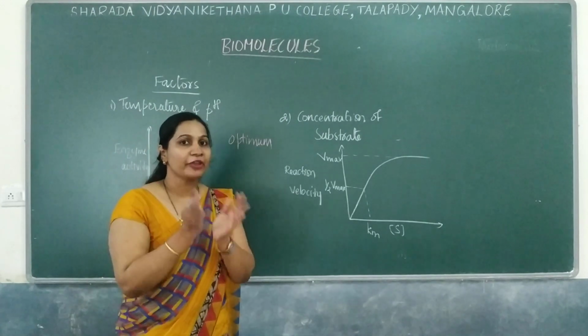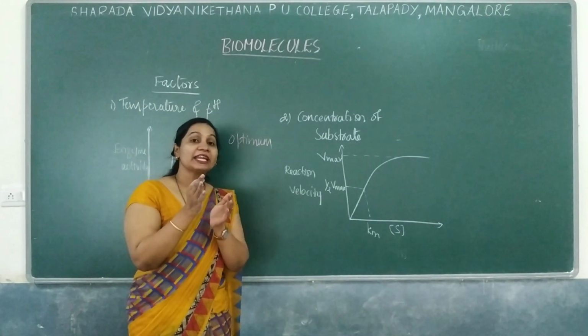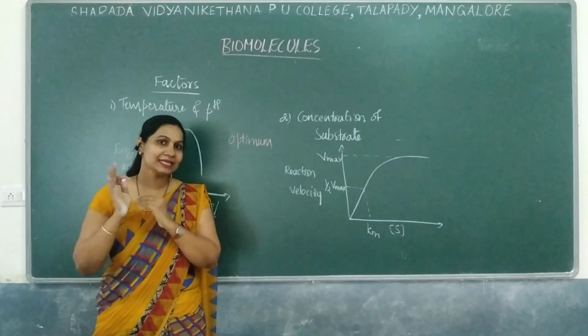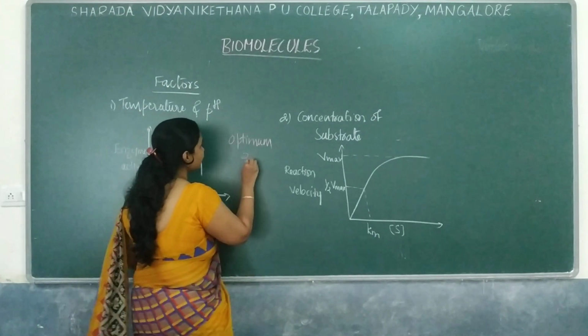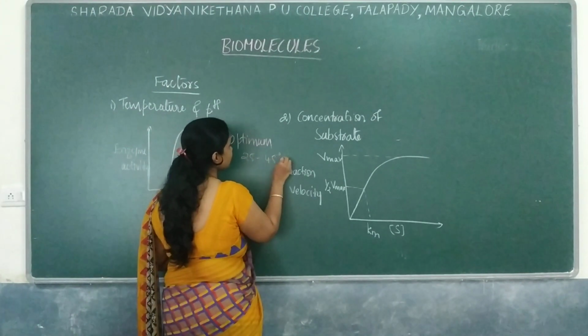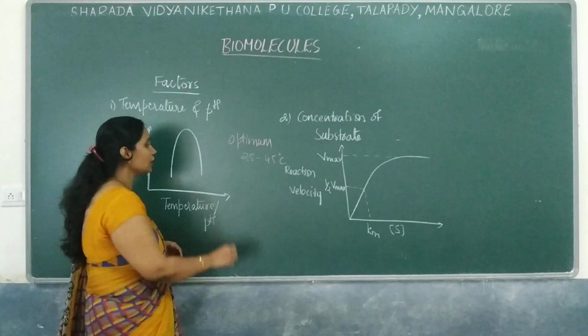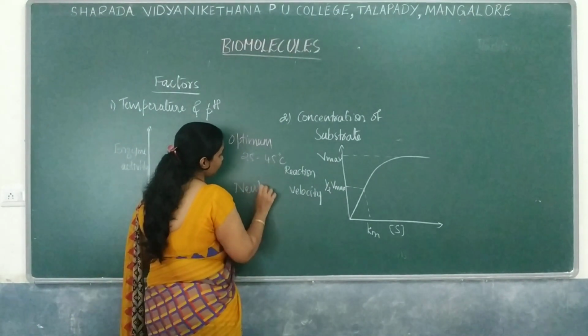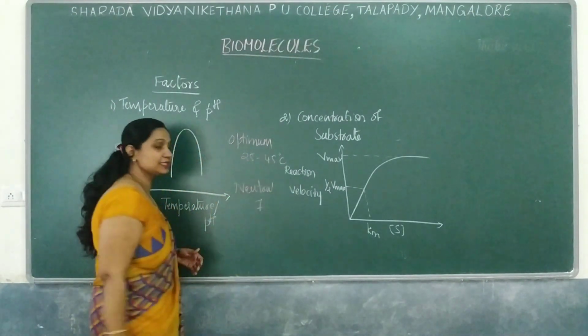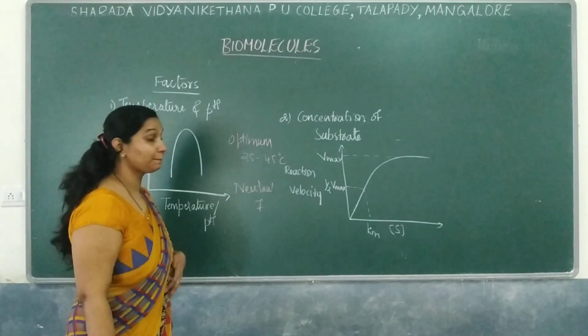It is a favorable temperature or pH at which enzymes act their best. So about 25 to 45 degrees Celsius is the optimum temperature, and the neutral pH 7 is considered to be the optimum pH.